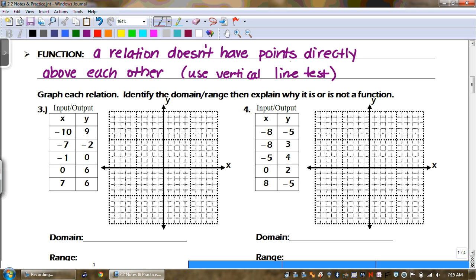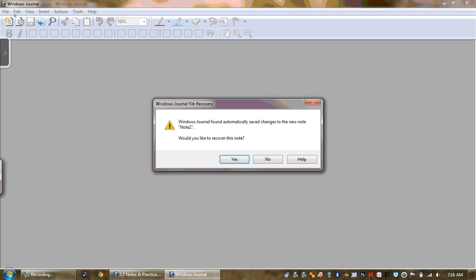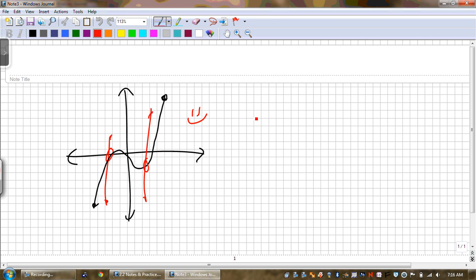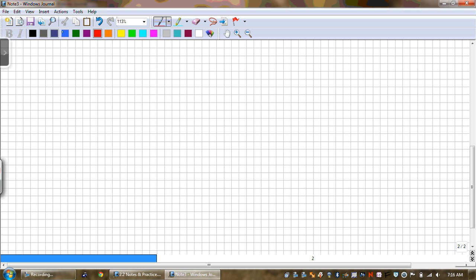The next part is a function. A function is a relation that doesn't have points directly above each other. And what we said is to check that is to use the vertical line test. This is one of my notes from earlier, but the vertical line test looks like this. Here's your graph.